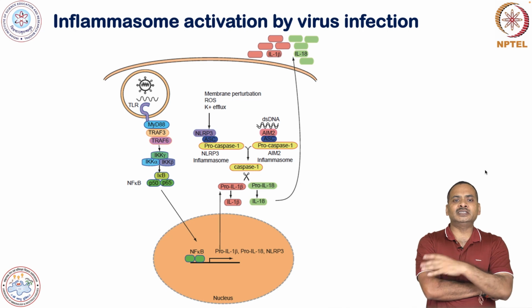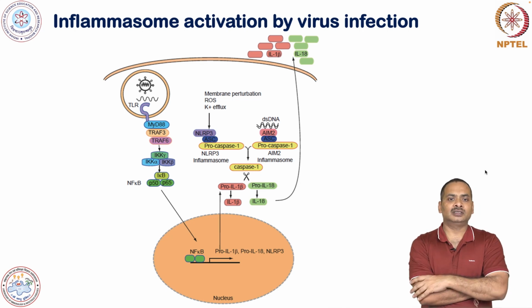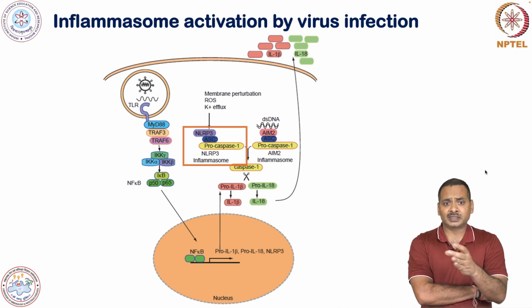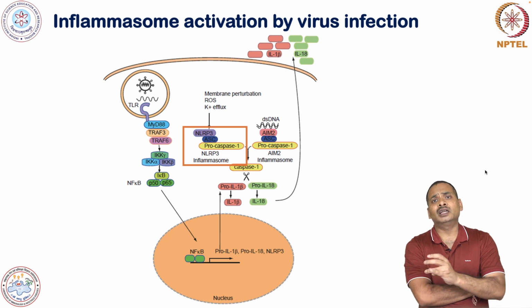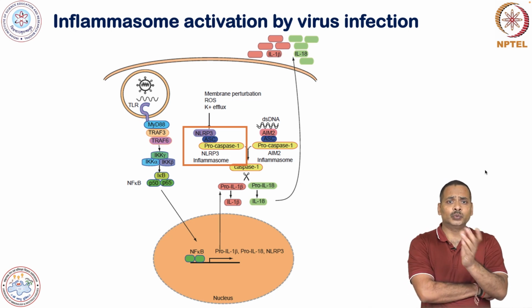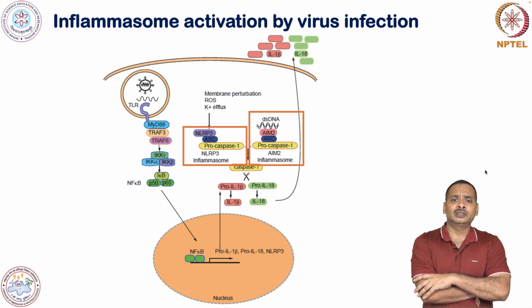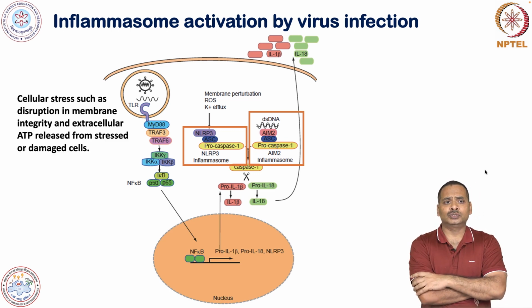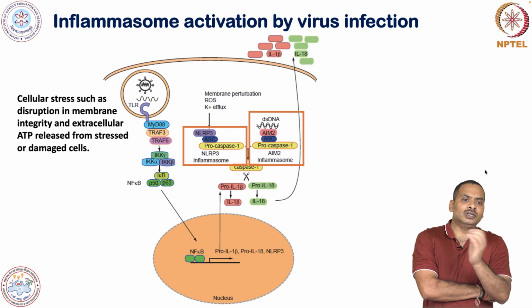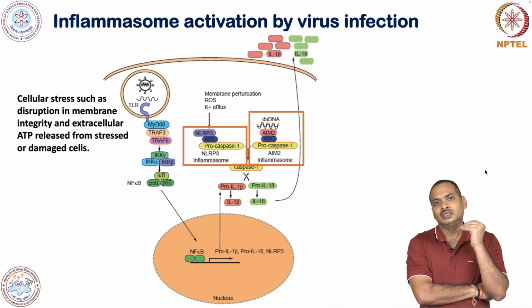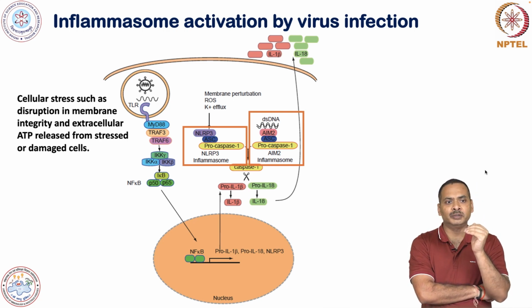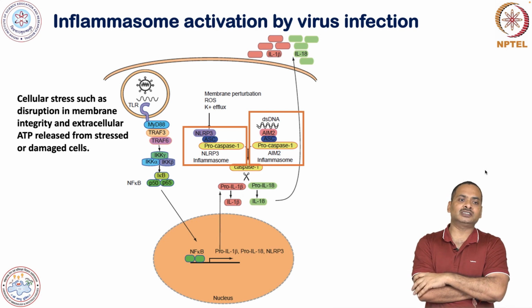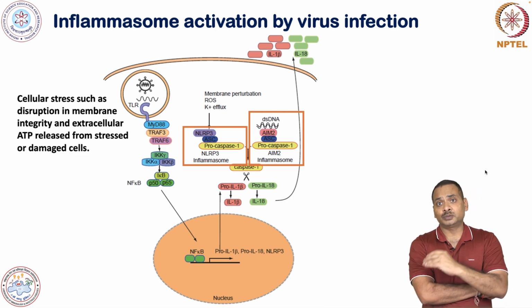Here you can see that there are various kinds of inflammasomes. There is an NLRP3 inflammasome, which can be activated by various PAMPs, and there is an AIM2 inflammasome. It can also be activated by cellular stress such as disruption of membrane integrity and extracellular ATP release from a stressed cell.